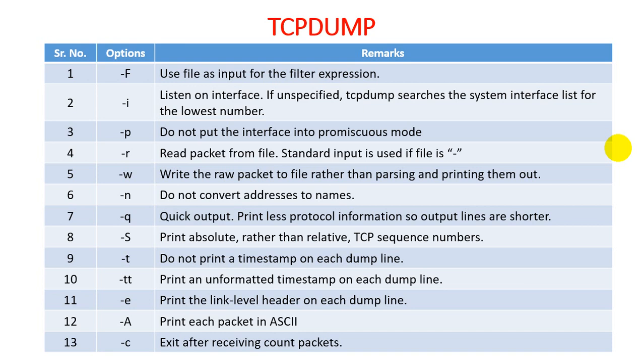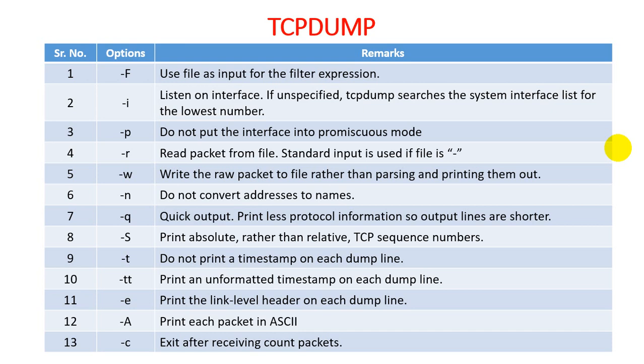What is -i? Listen on interface. If unspecified, TCPdump searches the system interface list for the lowest numbered interface. Then -p: do not put the interface into promiscuous mode. An interface is nothing but the intermediate connectivity between your source and destination. What is -r?